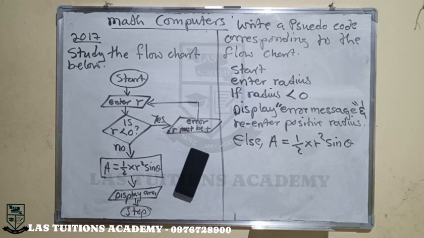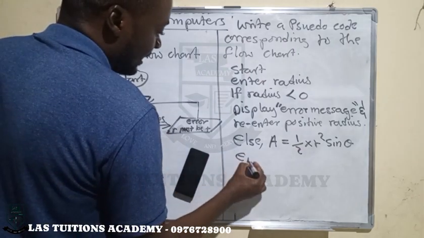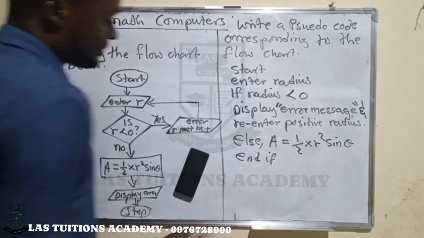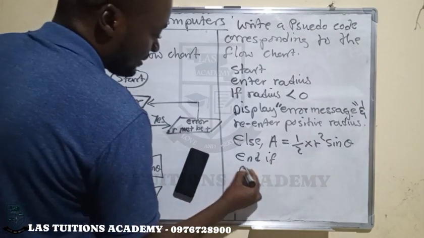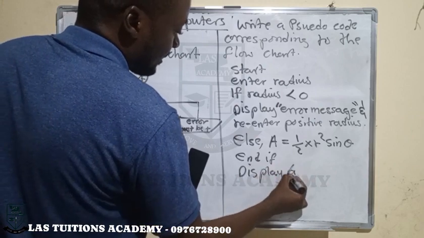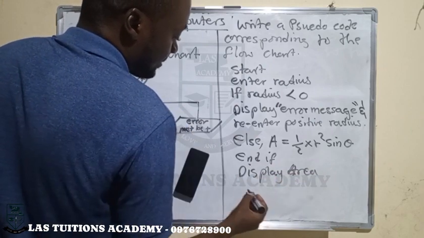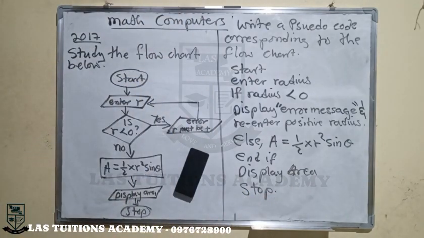After that the next thing that comes is display. So we say display area, then after I've displayed area you stop. Okay, so that is our pseudocode.